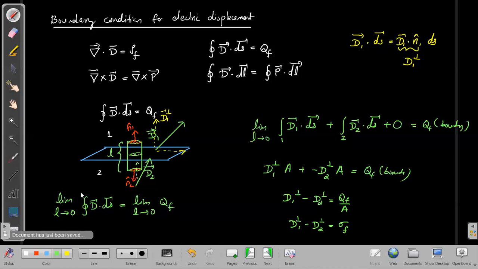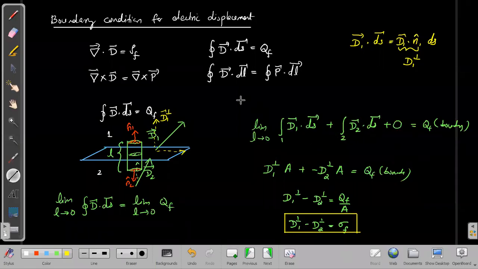Okay, so this is the boundary condition connecting the perpendicular component of the electric displacement. This we have got by using the integral form of Gauss's law.